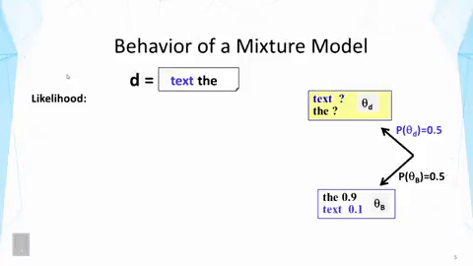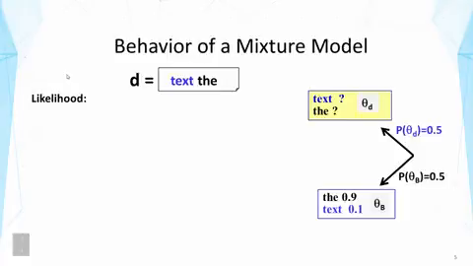So we're going to look at a very, very simple case in order to understand some interesting behaviors of a mixture model. The observed patterns here actually are generalizable to mixture models in general, but it's much easier to understand this behavior when we use a very simple case like what we're seeing here. So specifically, in this case, let's assume that the probability of choosing each of the two models is exactly the same.